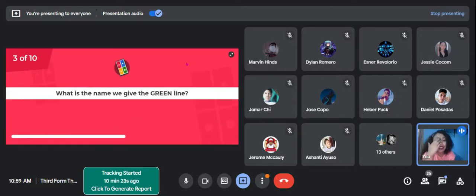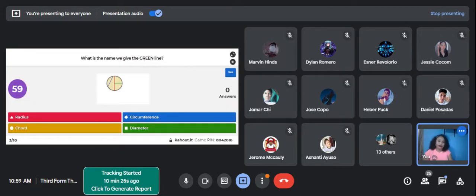Number 3. What is the name given to the green line? What do we call the green line?